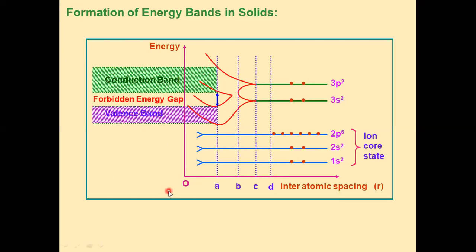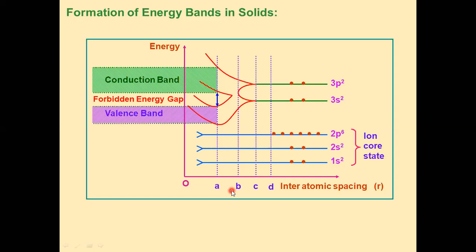Due to this, the energy of the electron will not be the same. So the energy of this electron is different, and due to the presence of neighboring atoms, the energy of this electron gets changed.